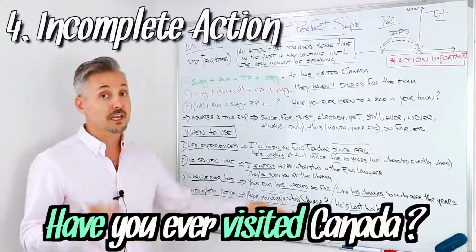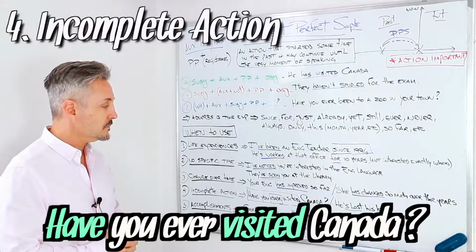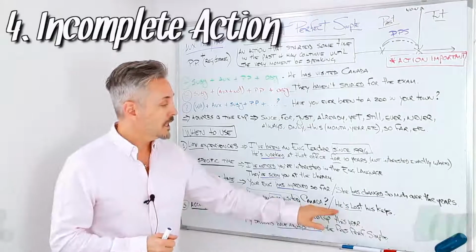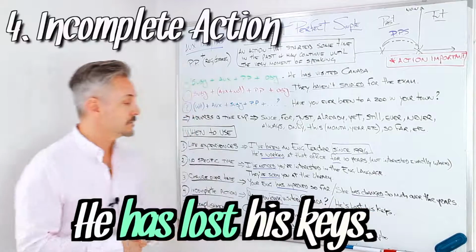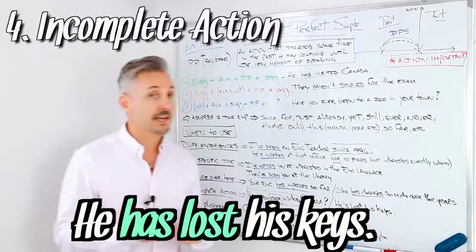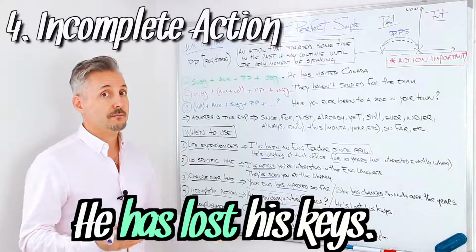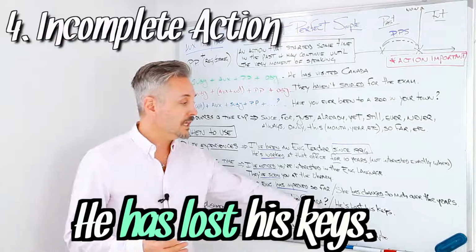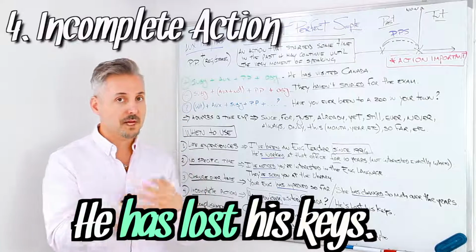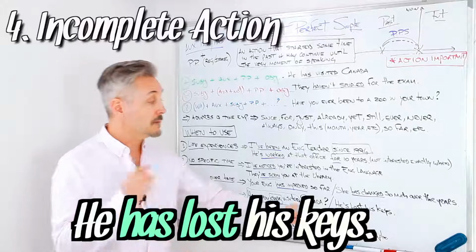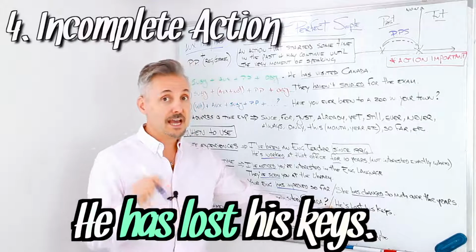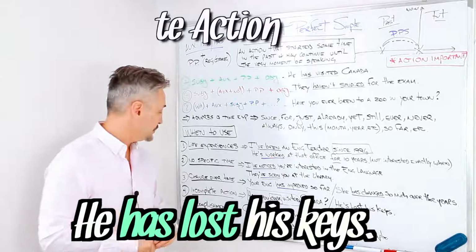So you're interested in the action. Another example. He has lost his keys. I can't find them. So that means that he's lost his keys sometime in the past. I'm not interested in when, but I'm interested that he has lost his keys.